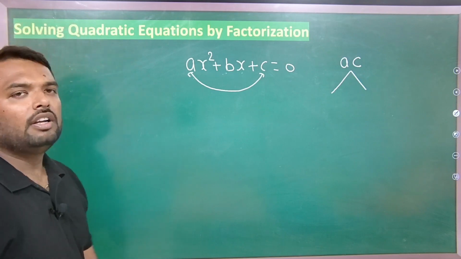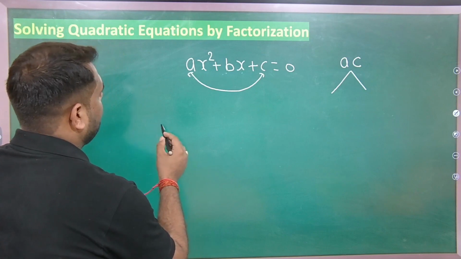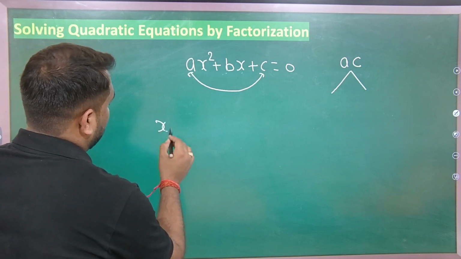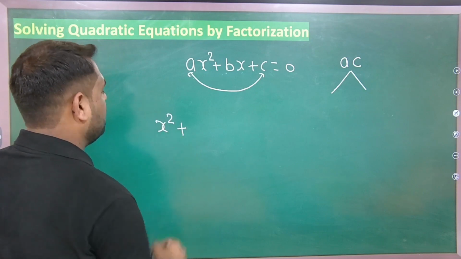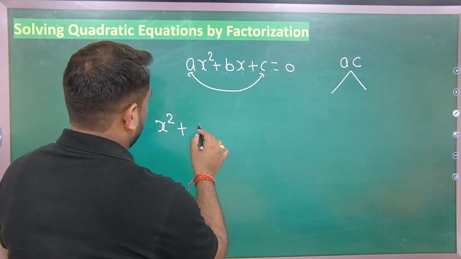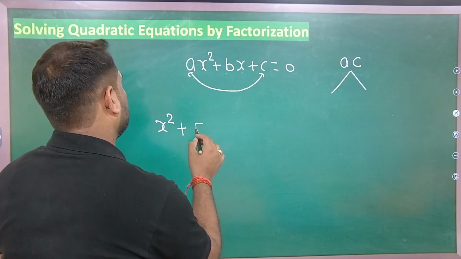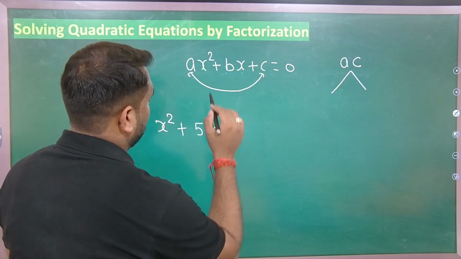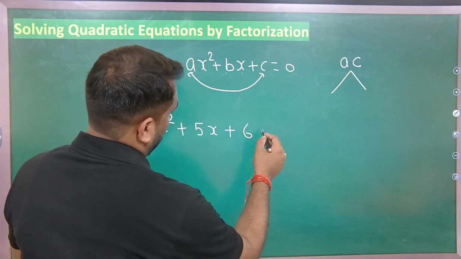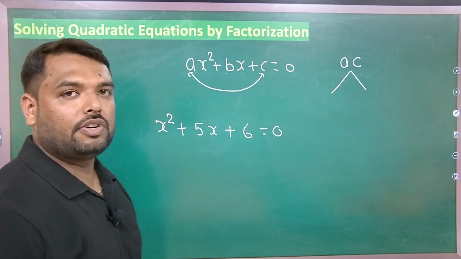Let me tell you this with an example. We can take x square plus 5x plus 6 equals 0.